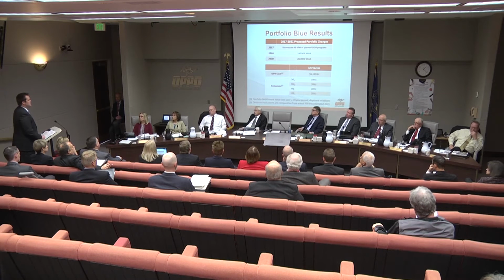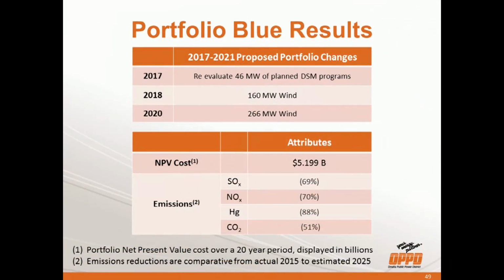Some additional attributes of Portfolio Blue: you can see the net present value cost is $5.199 billion. It's important for us to understand that if you recall, the duration of the study was 20 years. So this is the net cost to operate this entire portfolio over 20 years. Make sure we think about it correctly from a duration perspective.